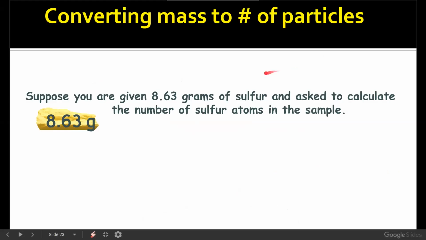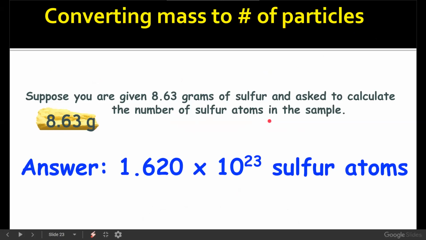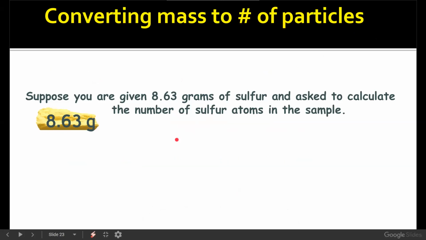So here's a couple of example problems. Suppose we were given 8.63 grams of sulfur and are asked to calculate the number of sulfur atoms in the sample. It looks like this is not actually here, so let's do a couple of things if we are stuck like this and we need to convert through it.